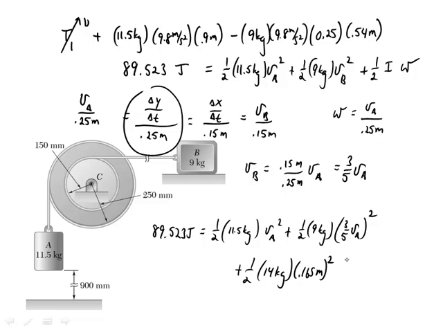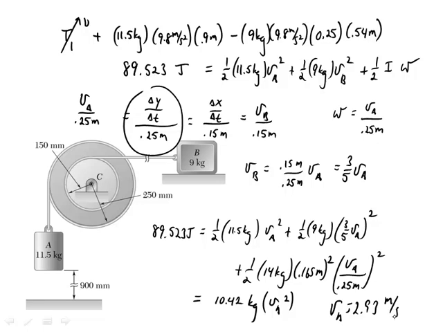And then omega is V sub A over 0.25 meters, and square that. And so my right hand side becomes 10.42 kilograms times V sub A squared. And so I get V sub A equals 2.93 meters per second.